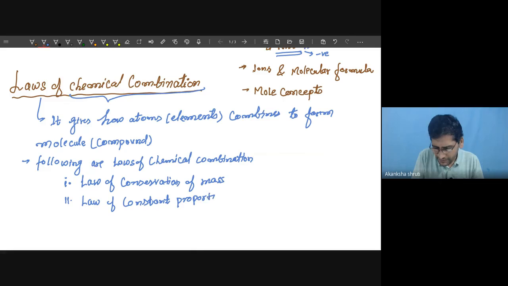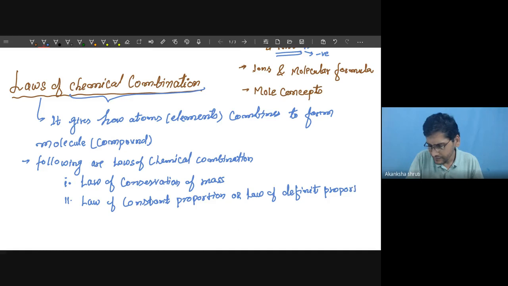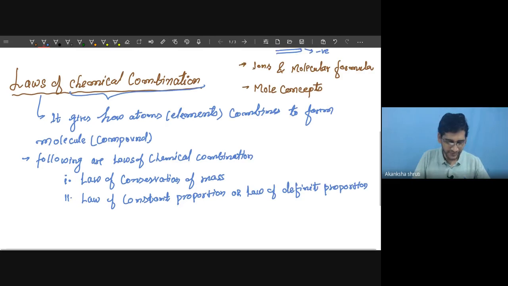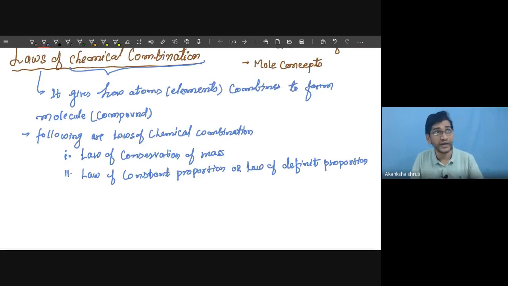Proportion means ratio. This law of constant proportion is also called the law of definite proportion. Definite means something fixed. These two laws we have to learn, the law of conservation of mass and the law of constant proportion, and we will finish these two laws today.